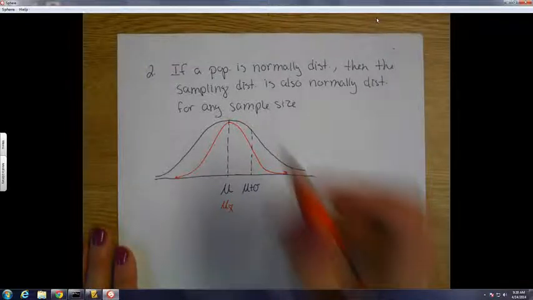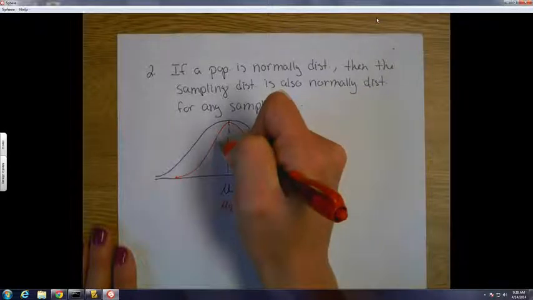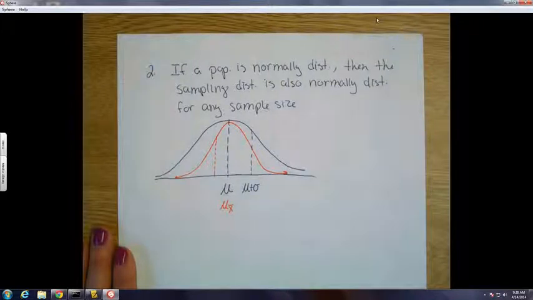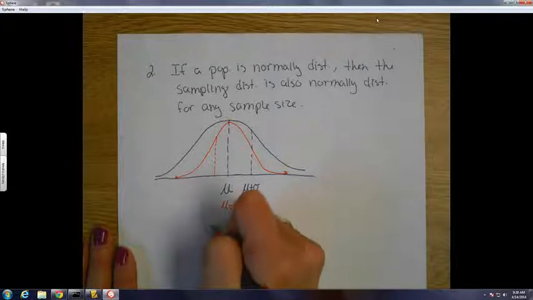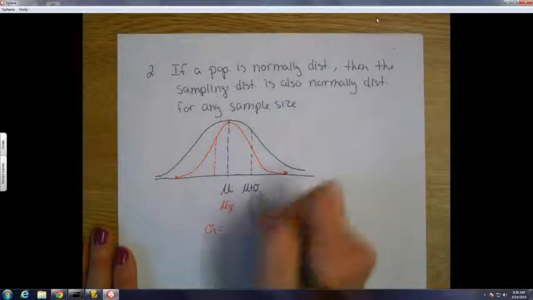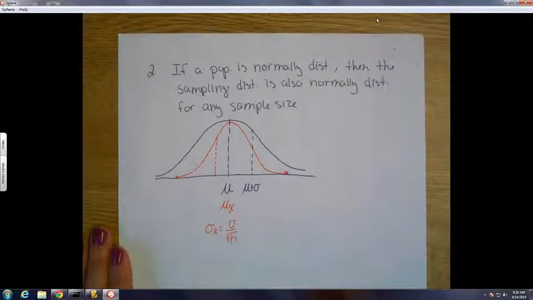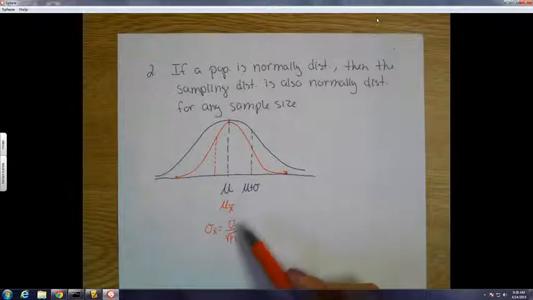But what do you think happens to the standard deviation of my sampling distribution? It's going to get smaller. How does it get smaller? This standard deviation is this one divided by the square root of the sample size still. So it's always that standard error. It's just going to make it a narrower graph. The bigger the sample, the narrower the graph, the more accurate. So means are the same. Standard deviation has that relationship of divide by the square root of the sample size.